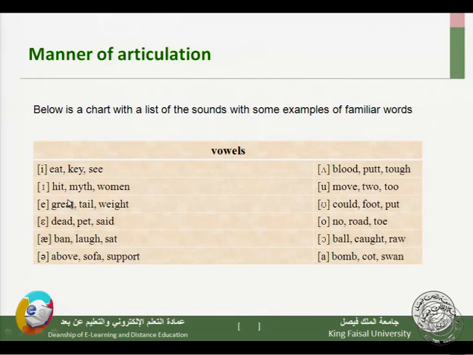So what sound do you hear as vowels? A. So this sound is A. Then: bad, pet, said. So that's the symbol for this sound. The others are more examples of vowels.